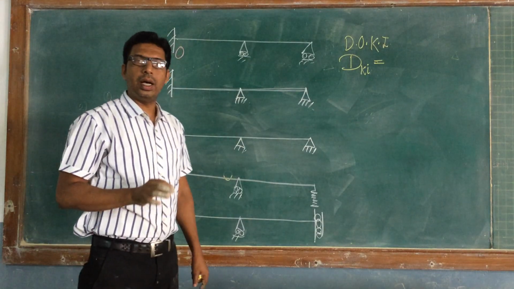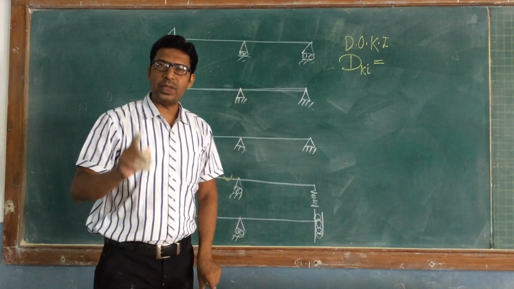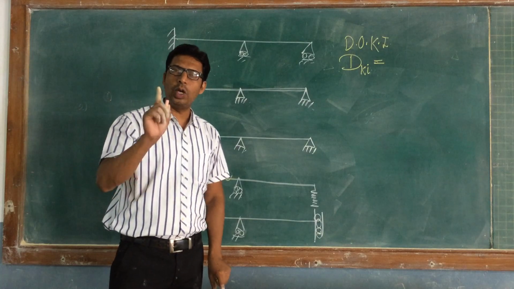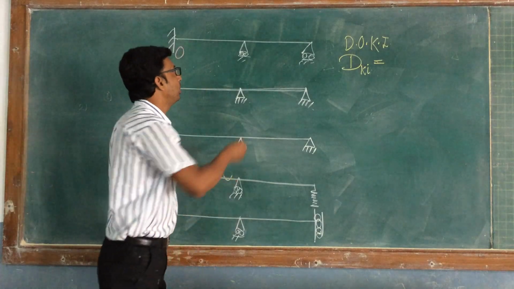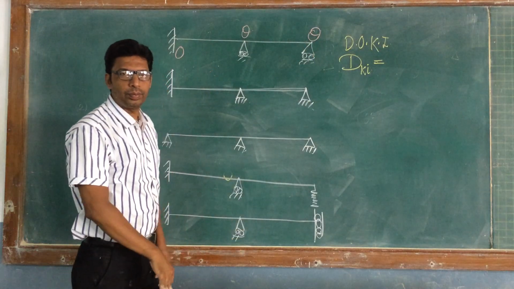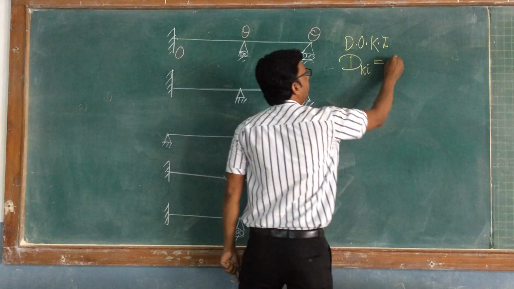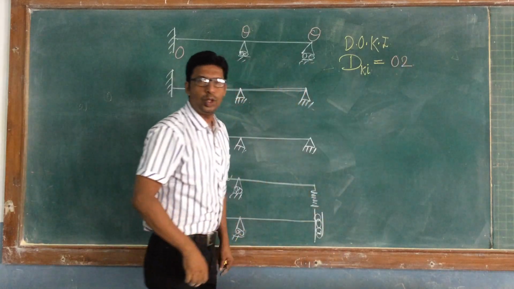Translation as well as rotation are 0. If it is a roller support provided in a beam, we know that there is only one unknown, and that is rotation. So theta and theta. So DKI of this beam is 2.